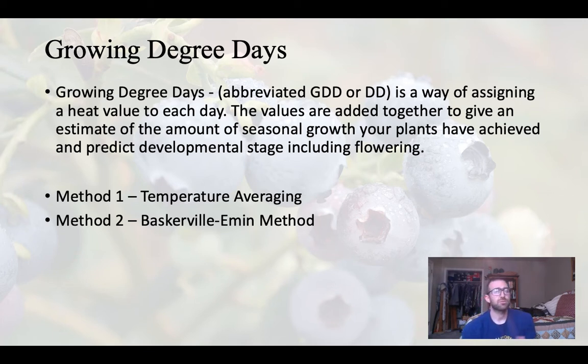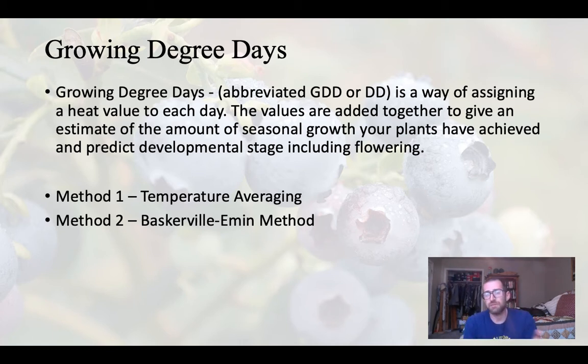This is really just a way of assigning a heat value to each day, and then we add those values up together. In doing so, we're going to be able to get an estimate of the amount of seasonal growth your plants have achieved, as well as predict the development stage that they are going to be in, including flowering.